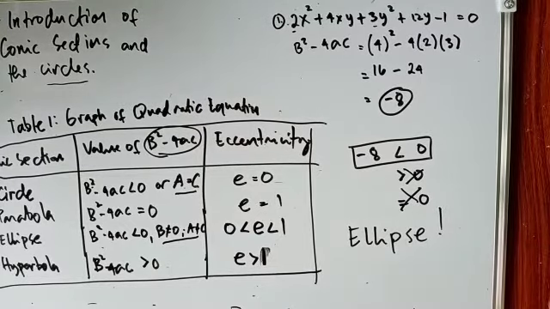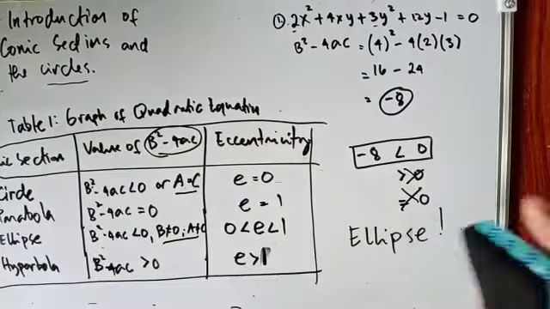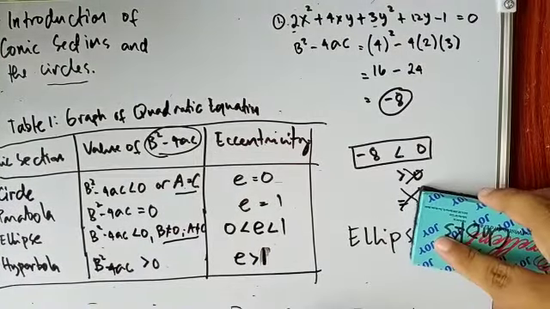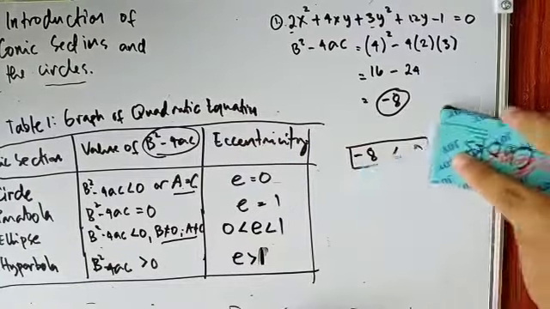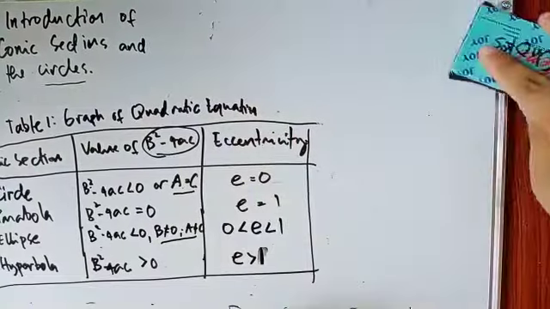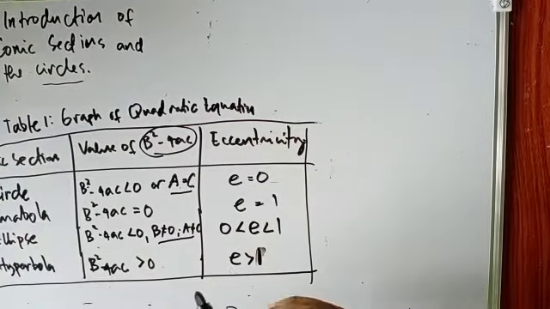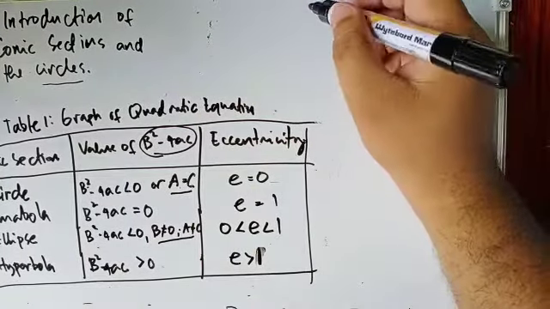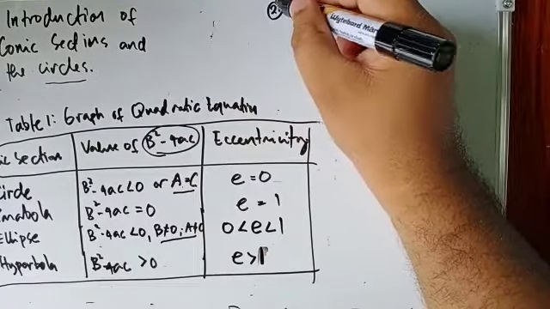Nakuha. So ganun lang siya kadali. So let's have another example. So, pwede ko na siyang erase. Erase natin 'to. Another example is number 2.